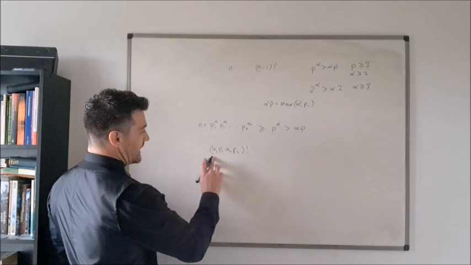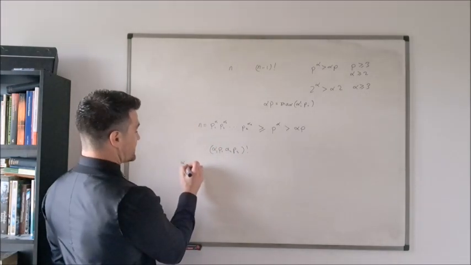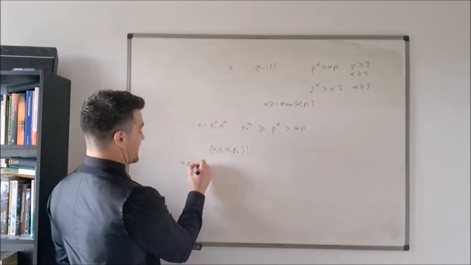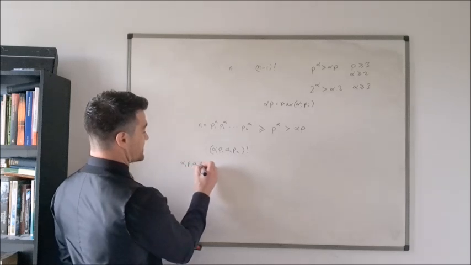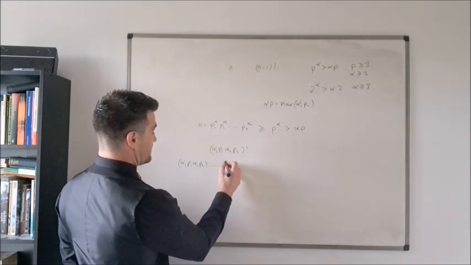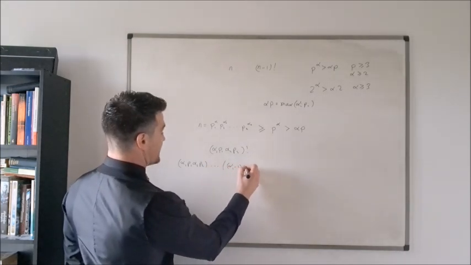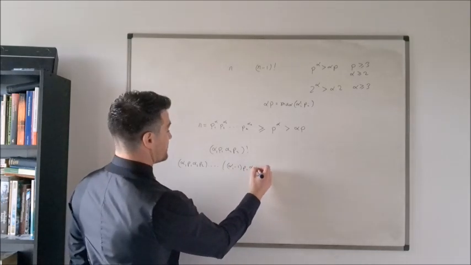So alpha 1 P1, alpha 2 P2, all factorial. The first factor is going to be alpha 1 P1, alpha 2 P2. And this is going to reduce by 1 each time until eventually I get to alpha 1 minus 1 times P1, alpha 2 P2.